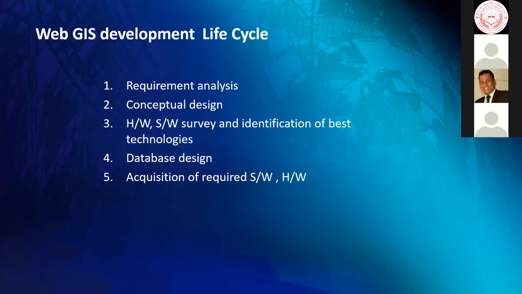Then if required, at certain levels, sometimes there are very complex data models. So we have to align with that kind of data models to have the proper outcomes. Then we have to acquire necessary things like software, hardware.